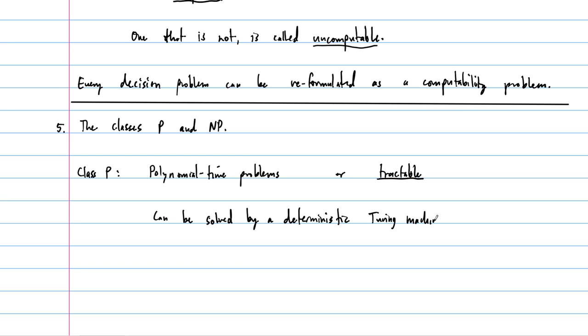Remember, deterministic means that the set of transition rules acts as a function on the inputs, on the state, symbol inputs. It's a function, at least a partial function. So they can be solved by a deterministic Turing machine in polynomial time in terms of its input. I'll tell you a little bit more about what this means in a moment.